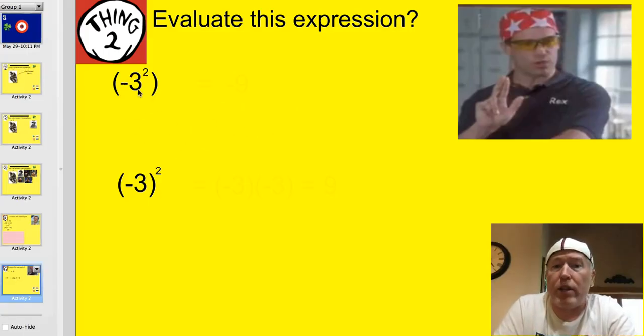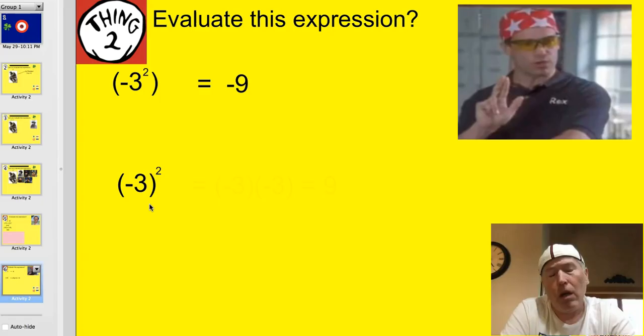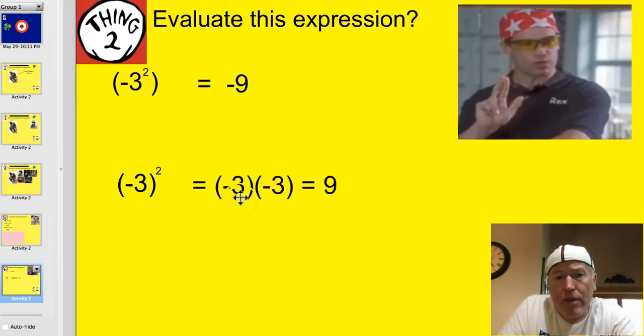Okay, here's our first question, that very first one we started with. What is minus 3 squared like that? Yeah, I know I put parentheses there, but does it matter? It's just negative 9, right? Apply the order of operations, leave the negative. All right, well, what's this one then? You take everything that's inside those parentheses and multiply it by itself. So that's a negative 3 times a negative 3.